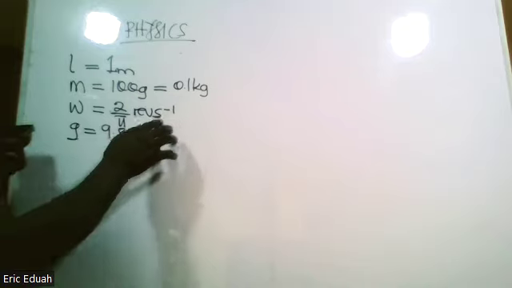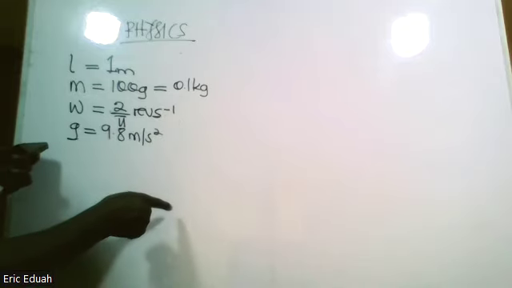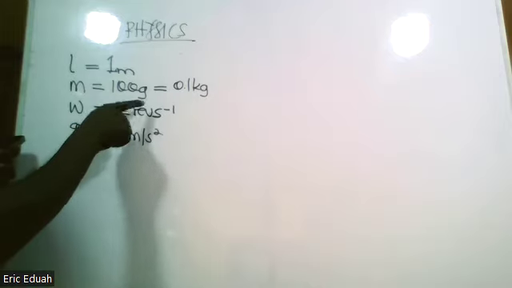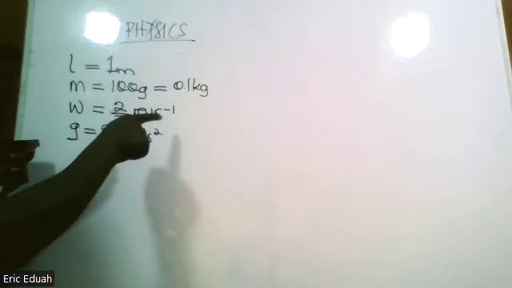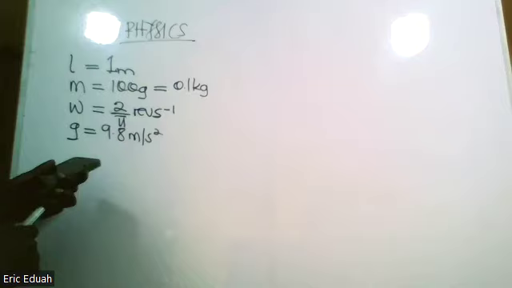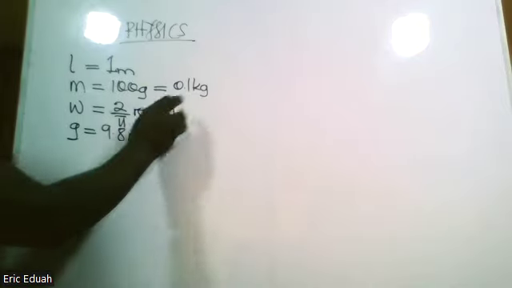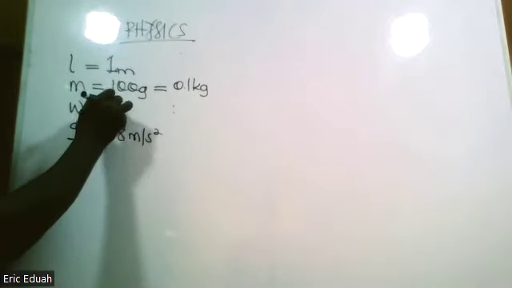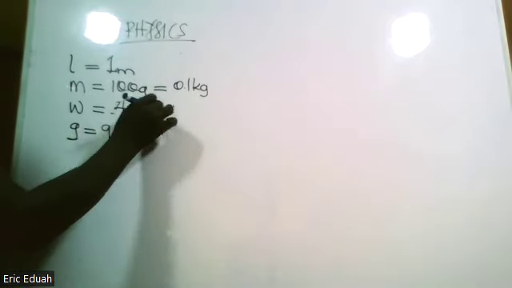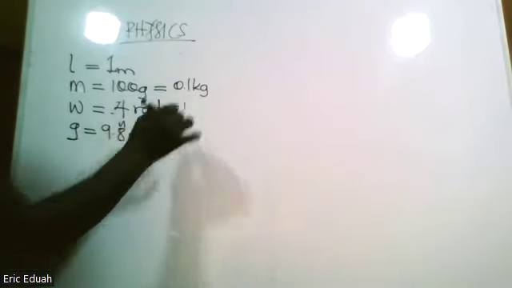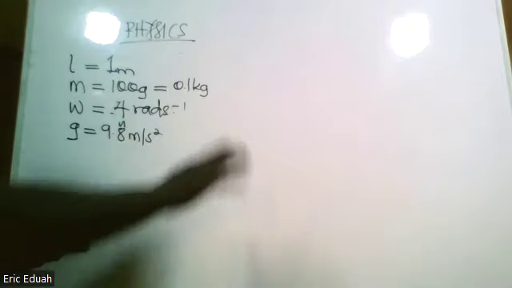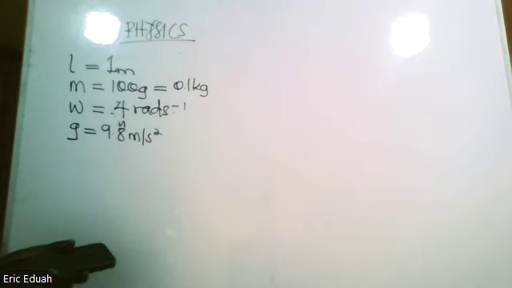When you change this to radians per second, it will be 2 over pi times 2 pi, which will give you 4 radians per second. So straight away, we change this to 4 radians per second. Then we have everything in SI units. All is well.